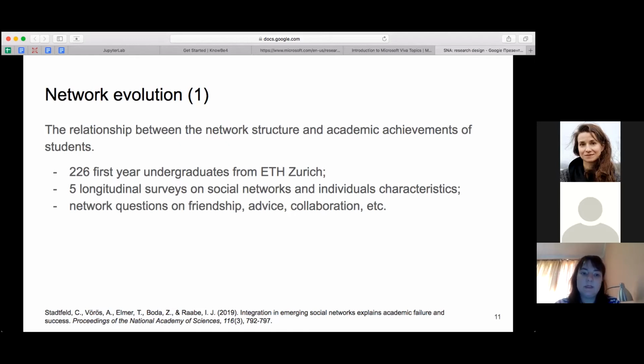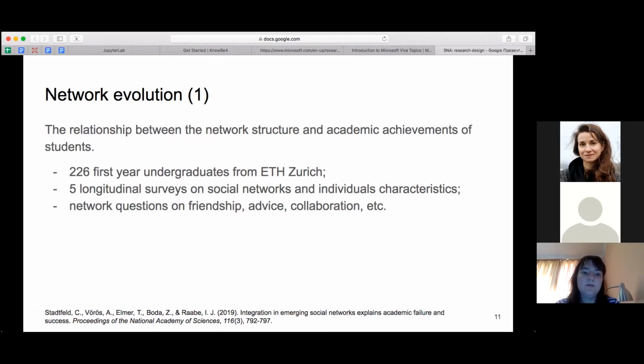In the frames of this study, scholars examined the relationship between the network structure and academic achievements of students. And here, the size of the sample actually was relatively modest.